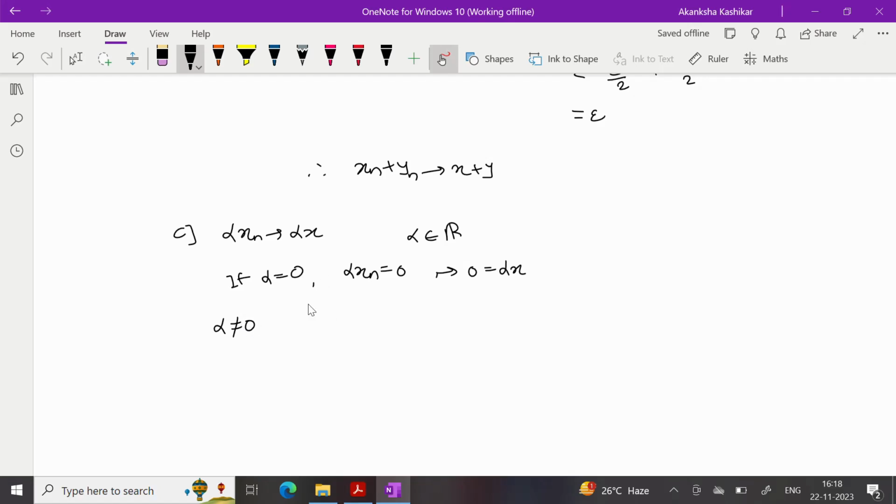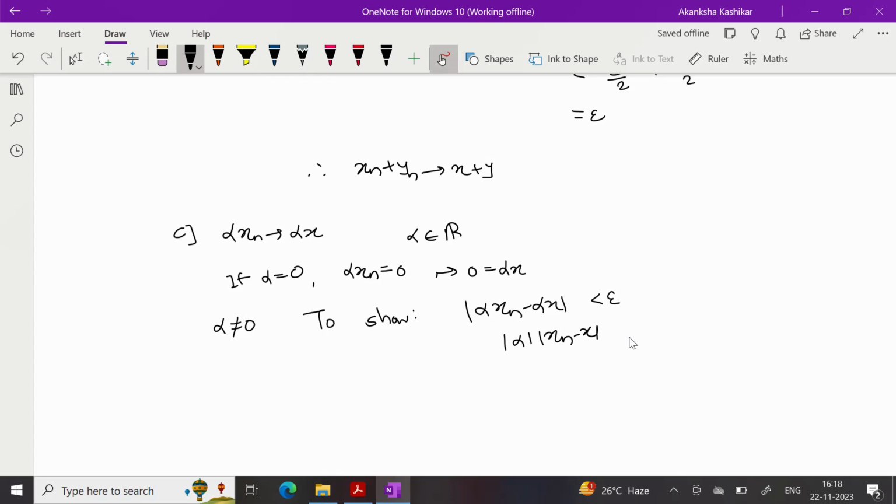Now again let us try to think what I want to show. So we are again doing background thinking. What I want to show is mod of alpha xn minus alpha x should become less than epsilon after a certain n. This is the same as mod of alpha into mod of xn minus x.